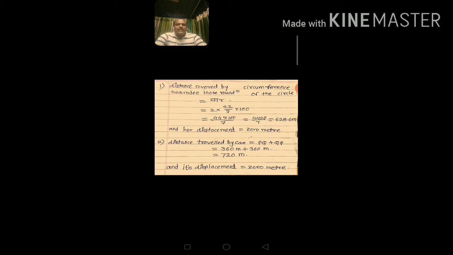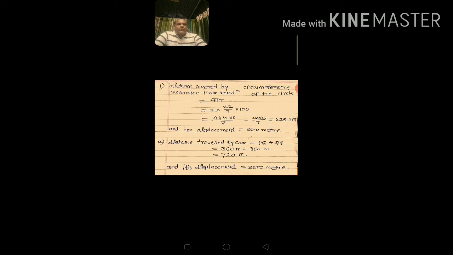The distance covered by Swarali in one round is equal to the circumference of the circle, which is 2 pi r.